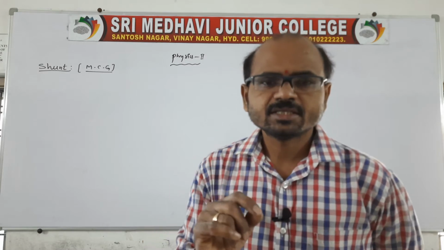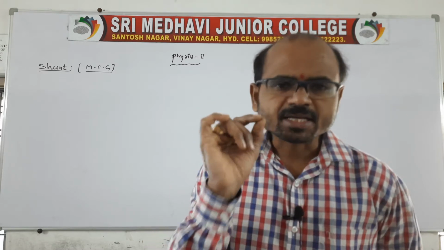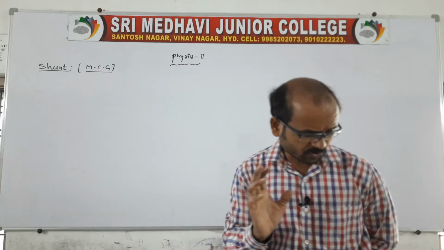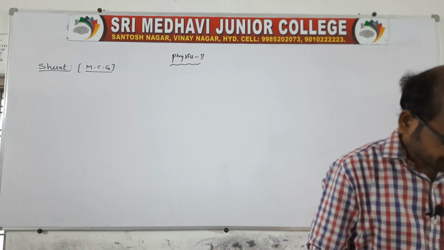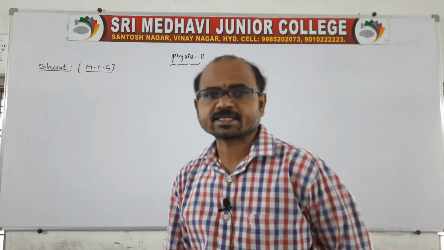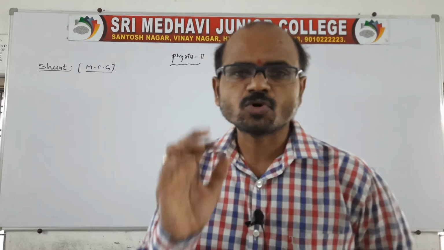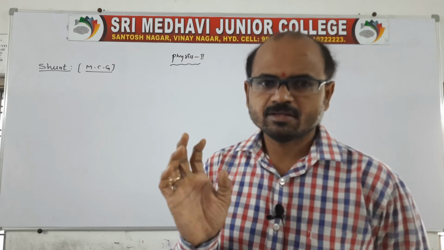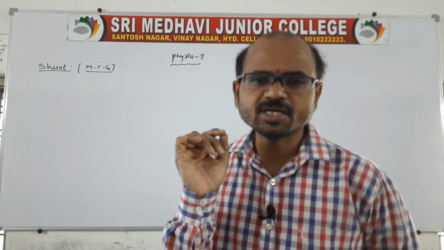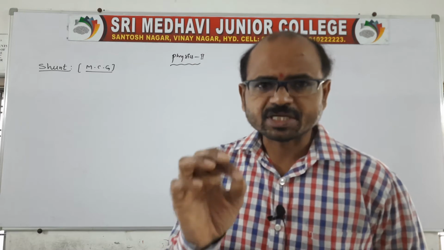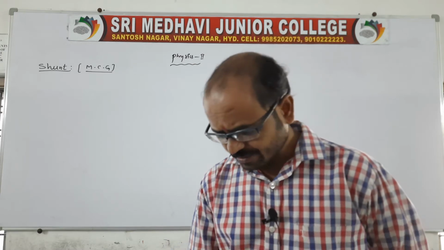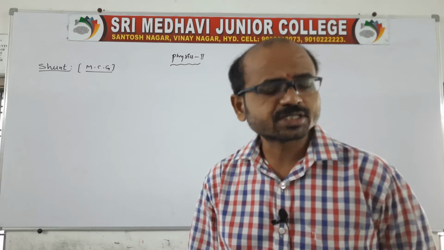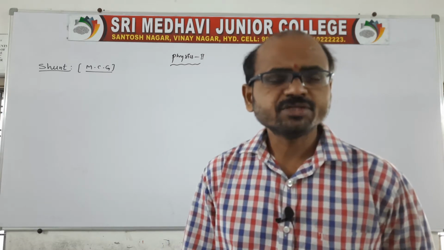A shunt is a very small resistance connected to the MCG in parallel. When a small resistance, which we call the shunt, is connected to the MCG, it can protect the MCG from high currents.